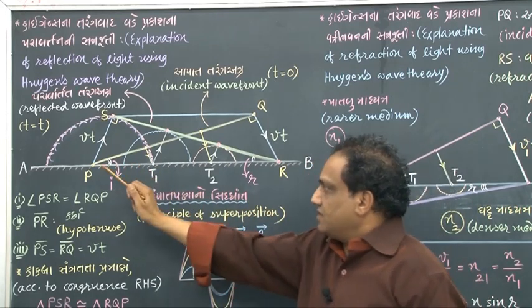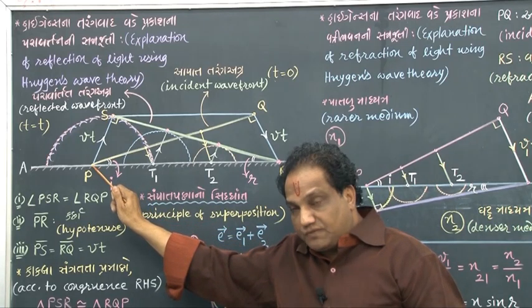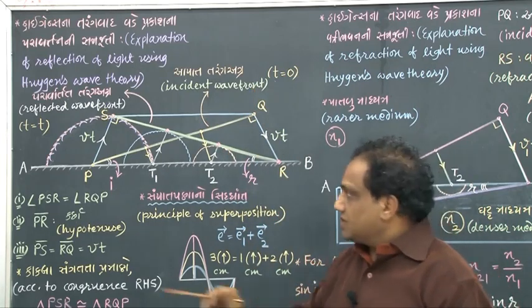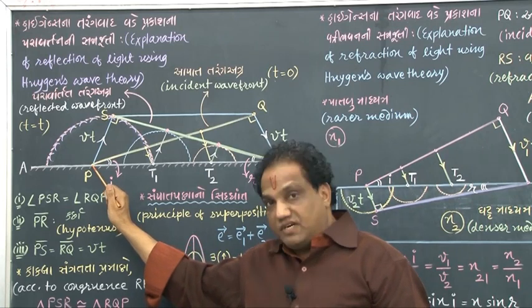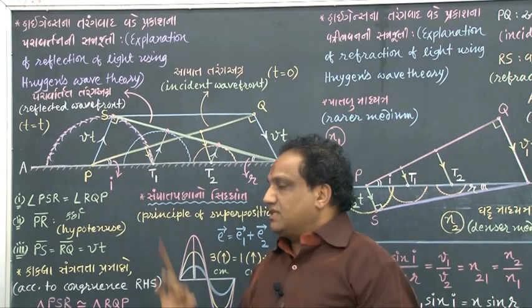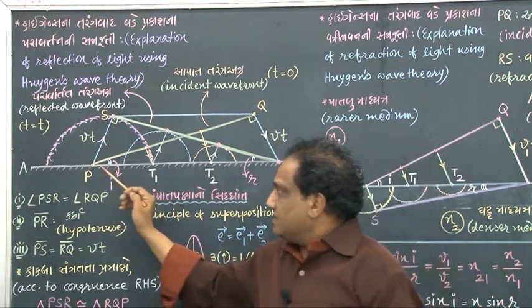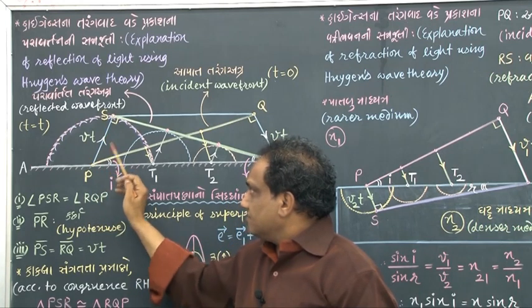Now, this very point started behaving like a self-independent secondary source right from instant t equal to 0, because at time t equal to 0, it itself is on the wavefront. And when it behaves like a self-independent secondary source, naturally it will emit secondary spherical waves in all directions.